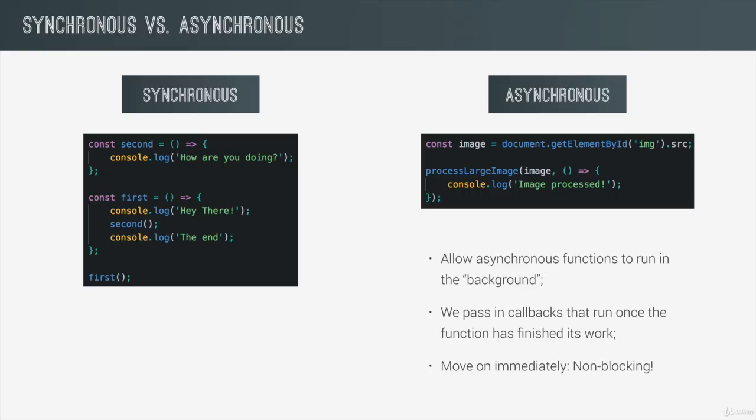Because if the code is actually blocked, then nothing really works on the page during that time. Like for example, you can't click any buttons or anything like that. So in summary, we can use callback functions to defer actions into the future in order to make our code non-blocking. But how does that actually work behind the scenes of JavaScript? Well, that's where the event loop comes in.